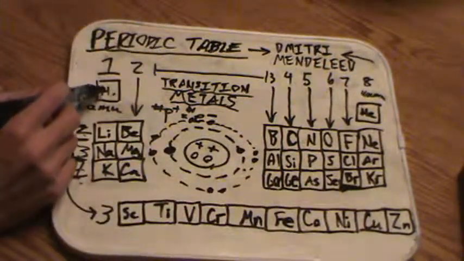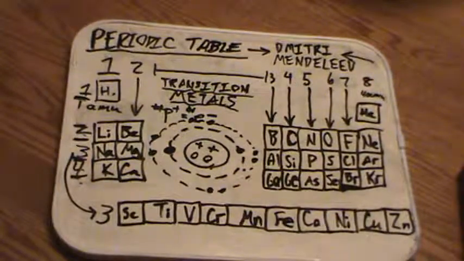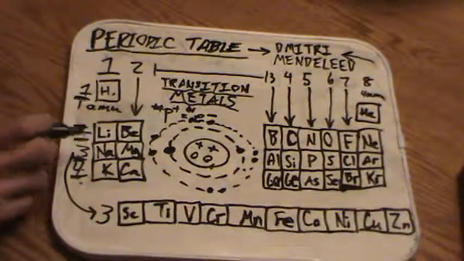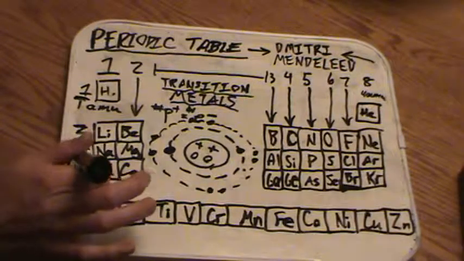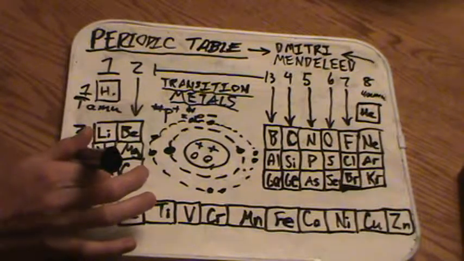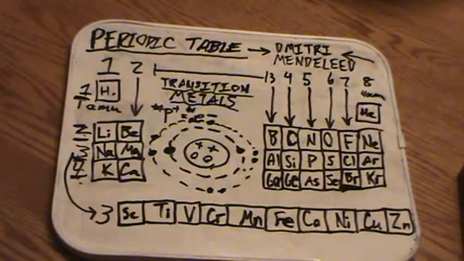Hydrogen, the outermost energy level, the first energy level, only has 1 electron in it. And now sodium, Na, the third energy level, its outermost energy level, because of the period number 3, will only have 1 electron in it. You got it right there.